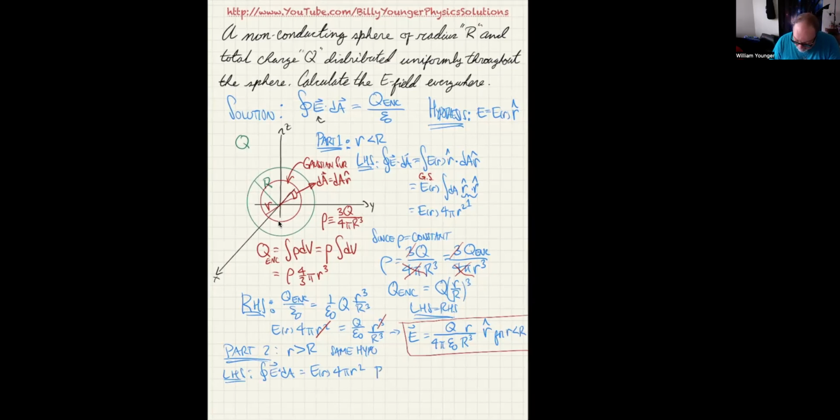We do the right-hand side. The right-hand side, of course, is equal to Q enclosed over epsilon naught. Well, guess what?